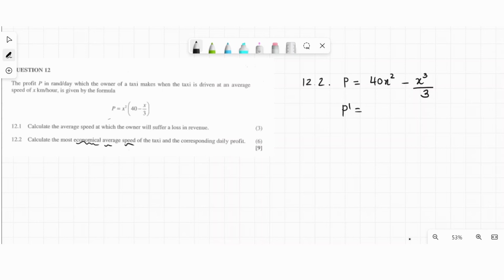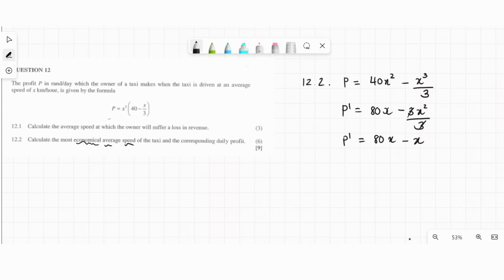So what I'm going to do is differentiate this. I'm going to take the 2 in front, so it's 40 multiplied by 2, which gives me 80x. Then I'm going to take the 3 in front, so it's minus 3, then x squared divided by 3. The 3s are going to cancel out, so P prime is 80x minus x squared.